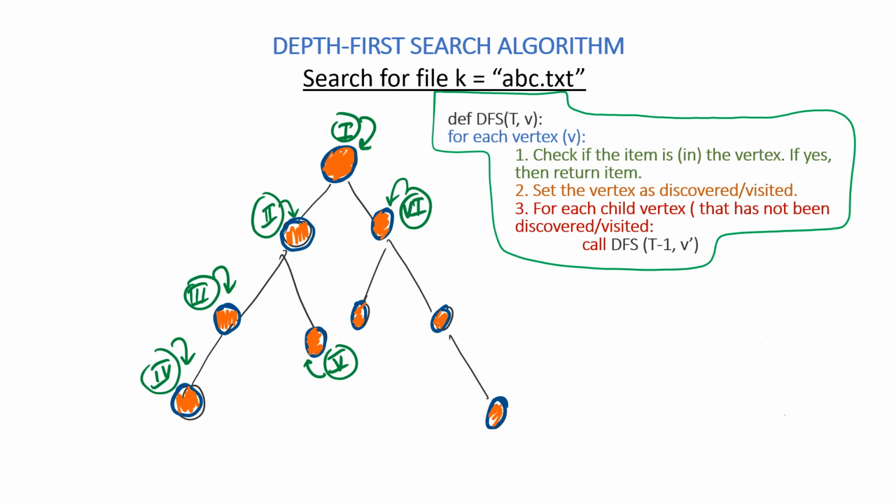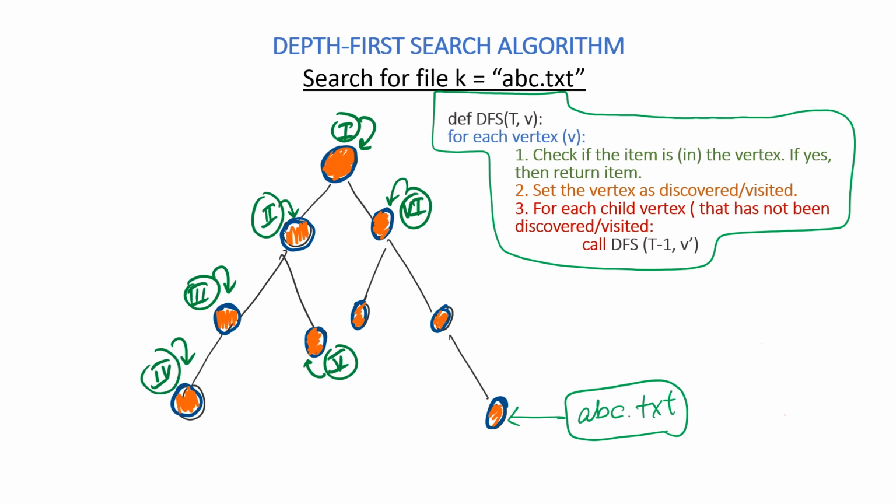So as you can see, we started at vertex number 1. Again, we put abc.txt in the last or the rightmost child of the tree. We start with the root and check whether the item is in the vertex. If yes, we return the item. In this case, it's not in the vertex.